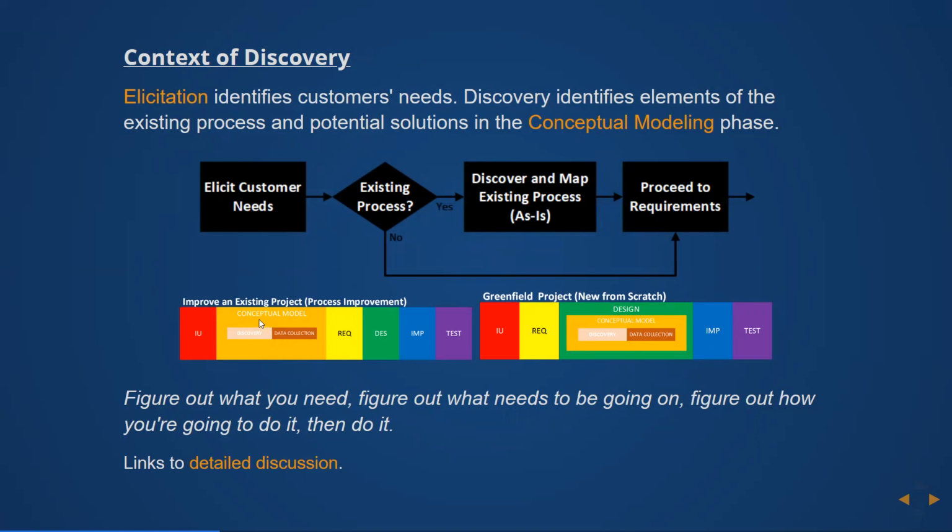So we will build a conceptual model, and that's where we do discovery and data collection. Then we'll do requirements, design, implementation, and test. However, that is configured for the current project, whether we're doing waterfall or agile or scrum or any other weird configuration of our product or management process.